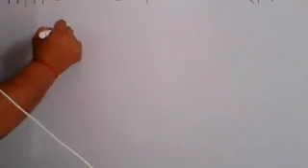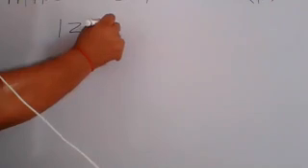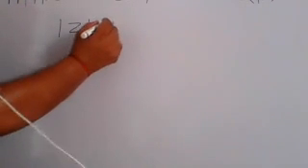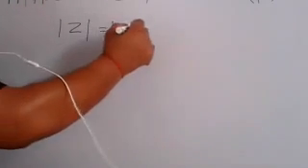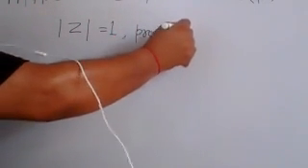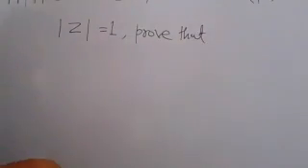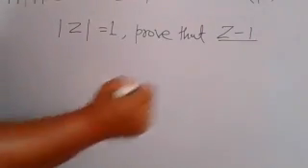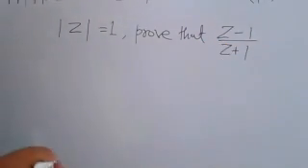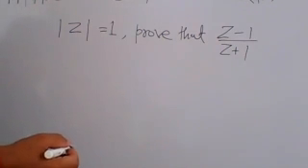If Z is a complex number such that mod of Z is equal to 1, then prove that Z minus 1 upon Z plus 1 is purely imaginary.